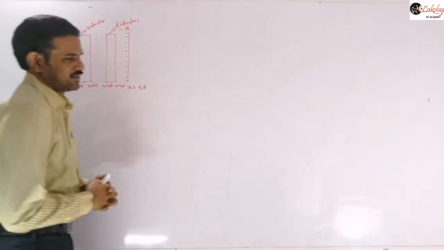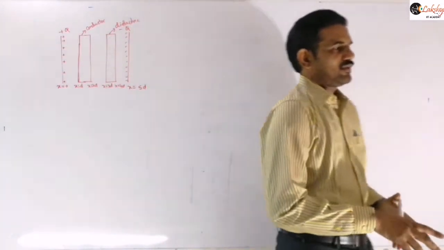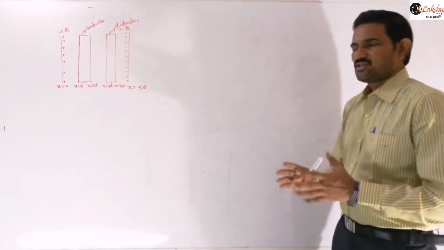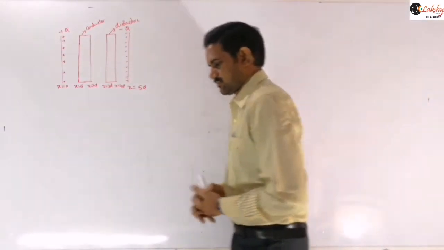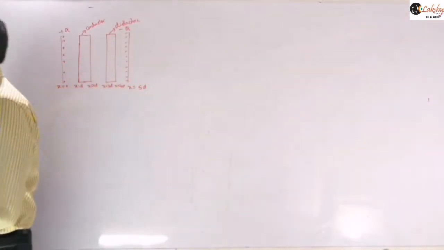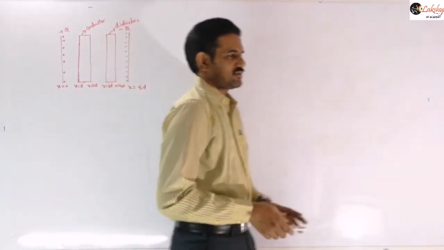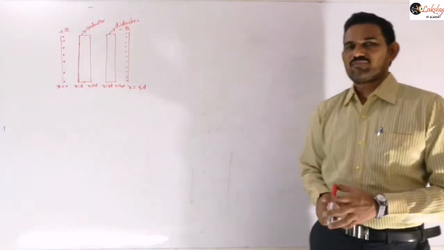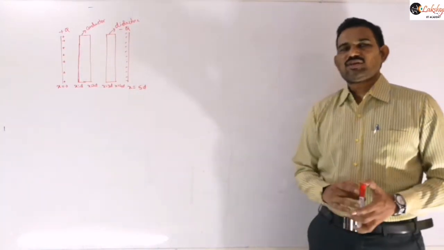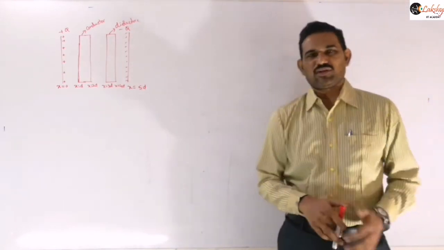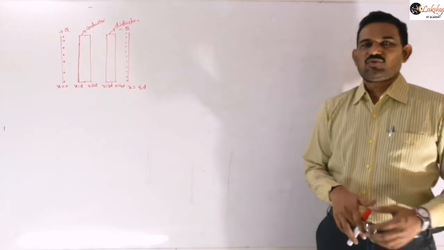So then, consider the capacitor shown in figure. The positively charged plate is placed at x is equal to 0, and a negatively charged plate is placed at x is equal to 5d.